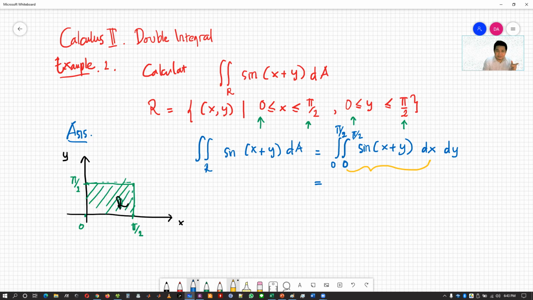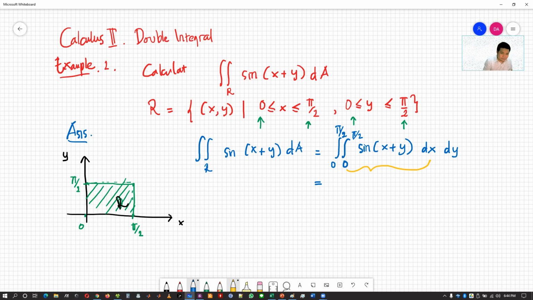What does it mean? Other variables than x, we consider as constants. So y we consider as a constant.